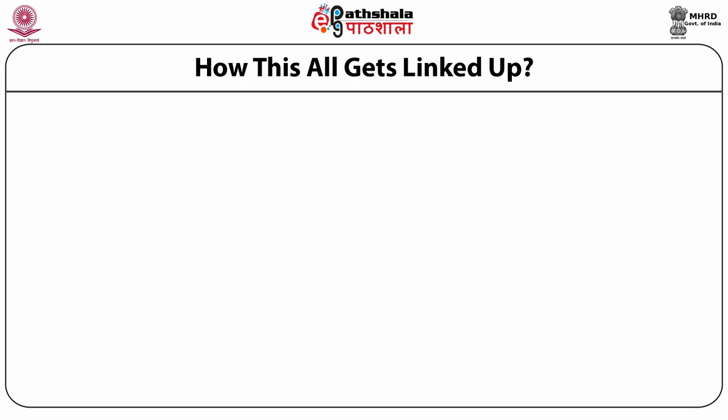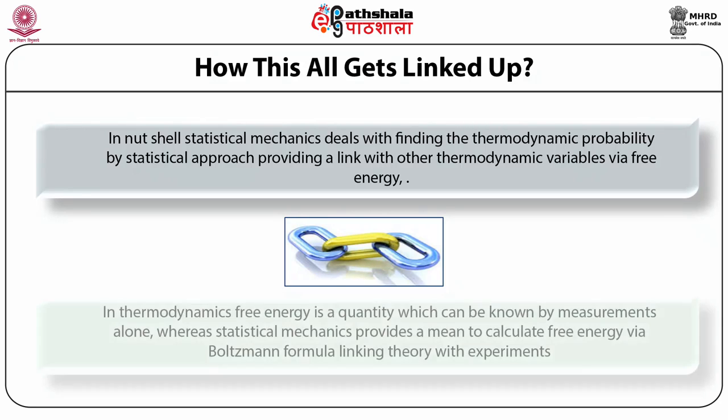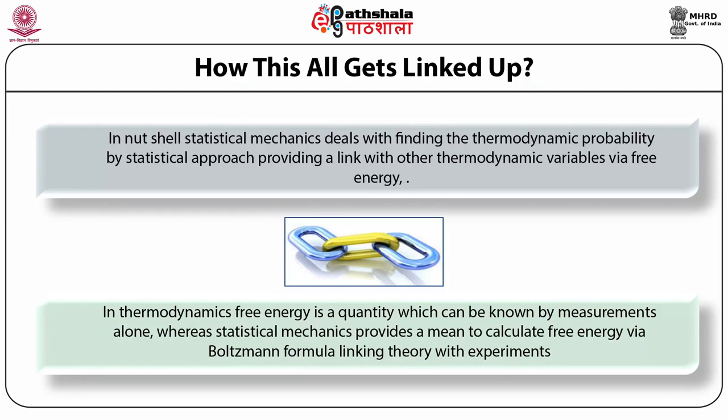To put it very briefly, statistical mechanics deals with finding essentially the thermodynamical probability by statistical approach, providing a link with other thermodynamical variables via free energy F. In thermodynamics, free energy is a quantity which can be known by measurements alone, whereas statistical mechanics provides a means to calculate free energy F via Boltzmann formula linking theory with experiments.